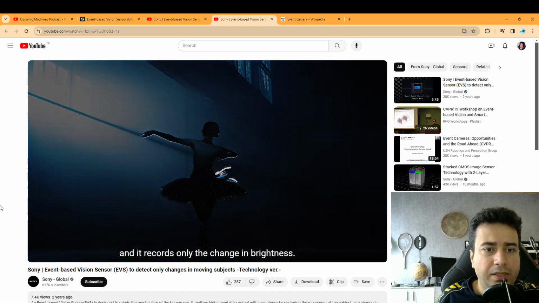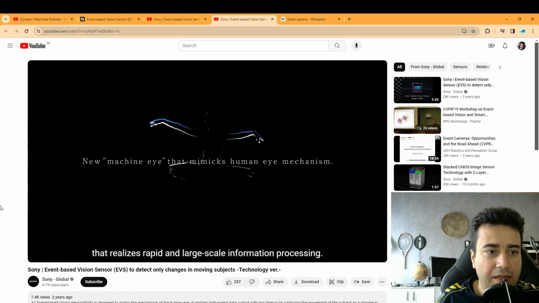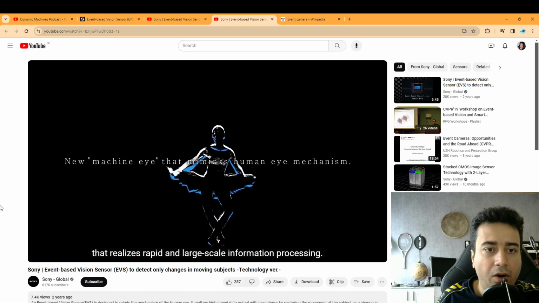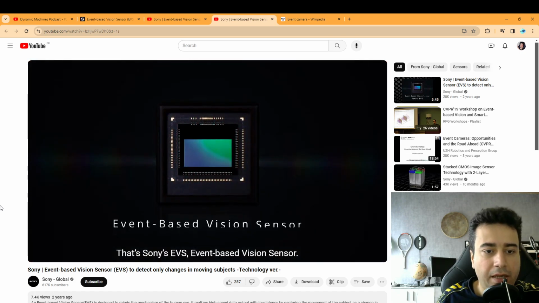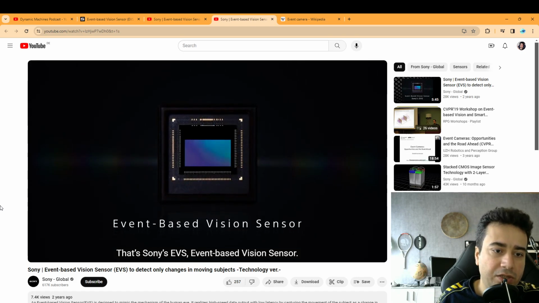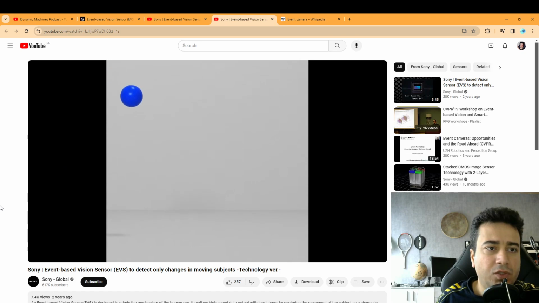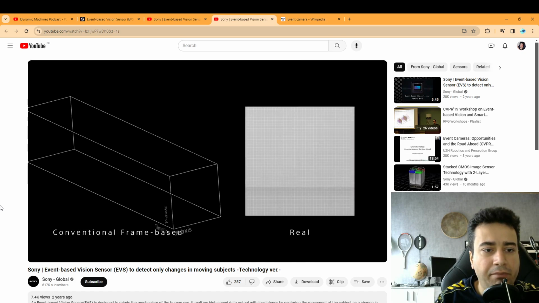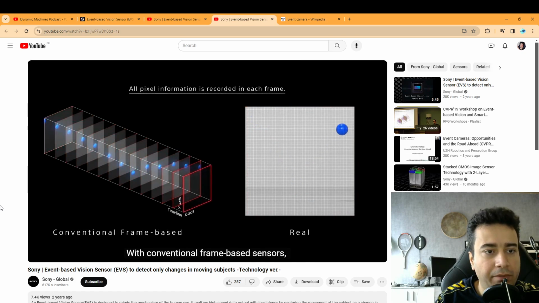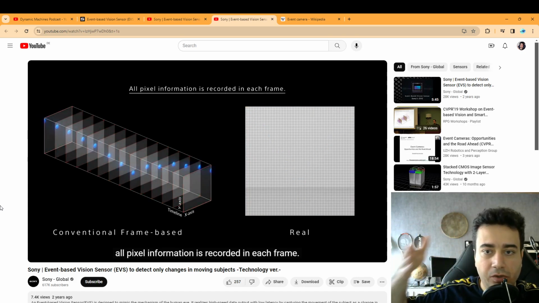So as I said, any movable object can be detected exactly like our eyes process an image. The event-based vision sensors also process that. You see this ball that I talked about: in a conventional frame-based sensor, you have a lot of pixels taken, but it's not continuous.